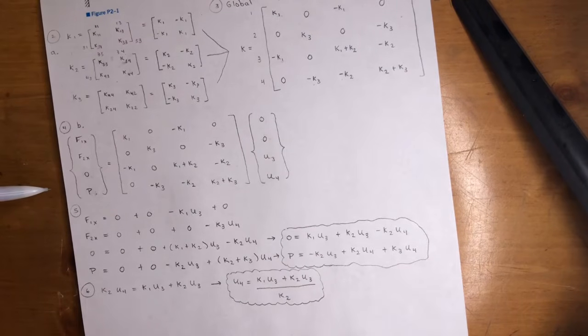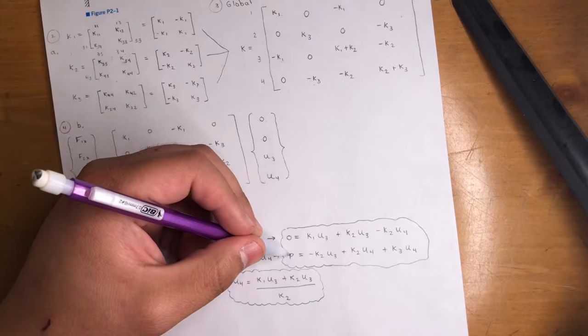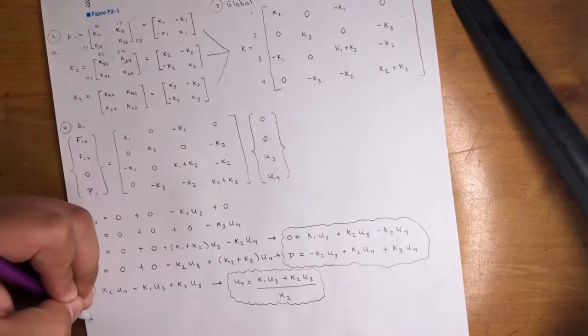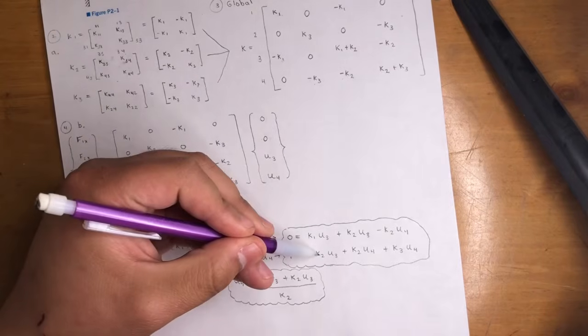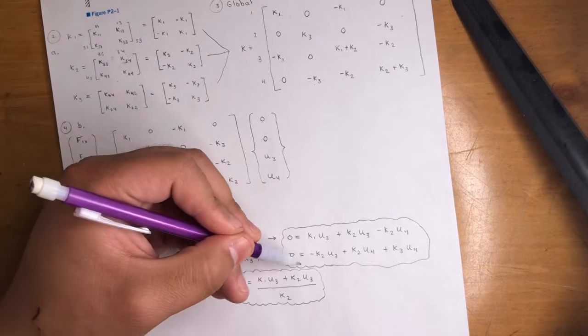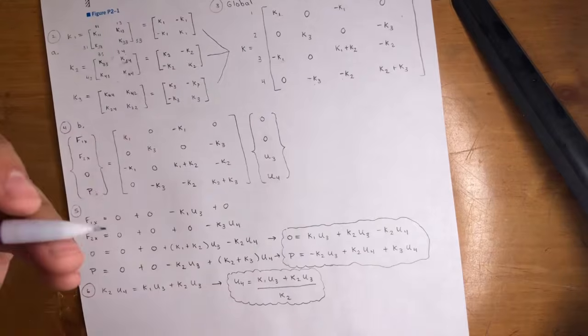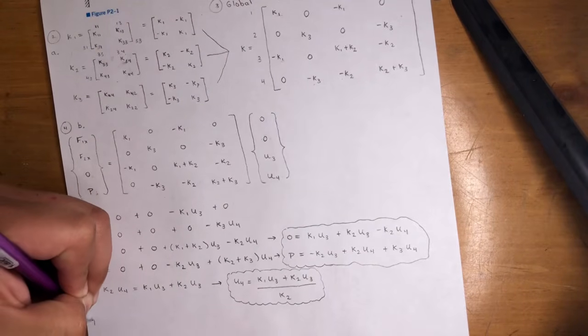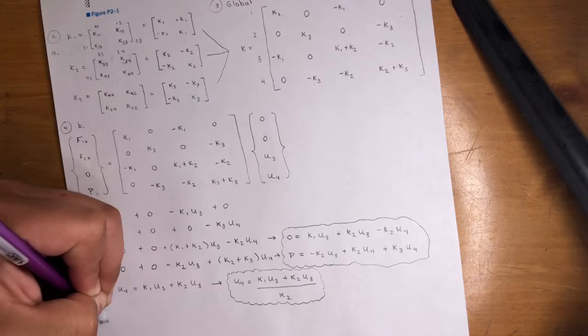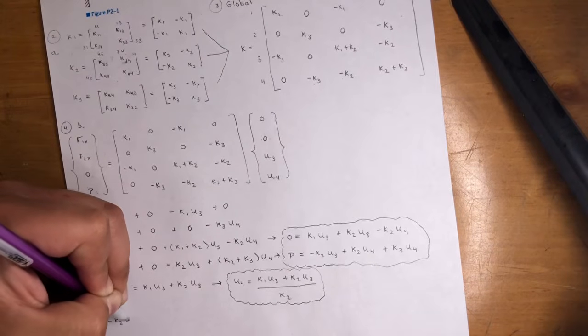Actually, no, I'm sorry, that's wrong. Now we do the same thing, but for this equation. We solve for U4. So P, I'm gonna move K2 U3 over here. So P is equal to negative K2 U3.